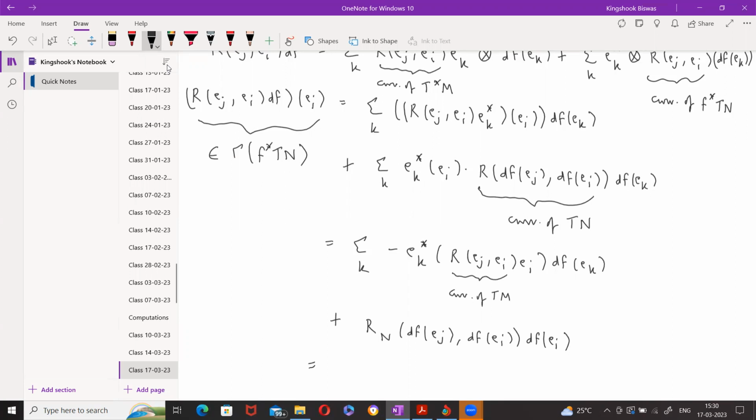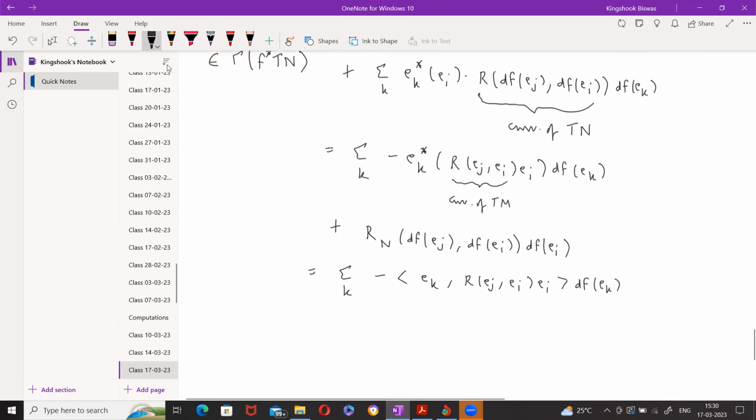And this other term, the sum over K, I have minus the inner product of E_K with R of E_J, E_I, E_I, times DF E_K, plus this other term, R_N of DF E_J, DF E_I acting on DF E_I.